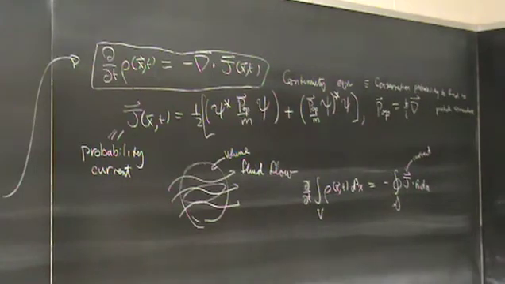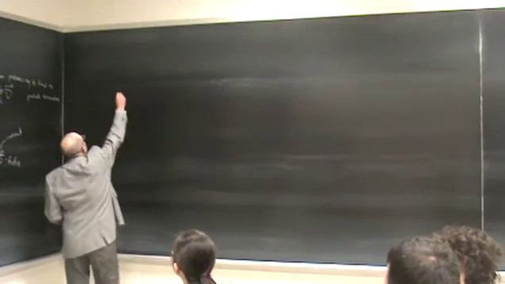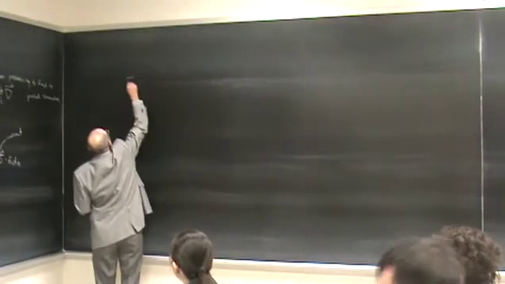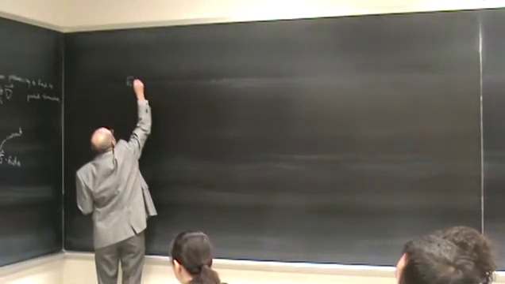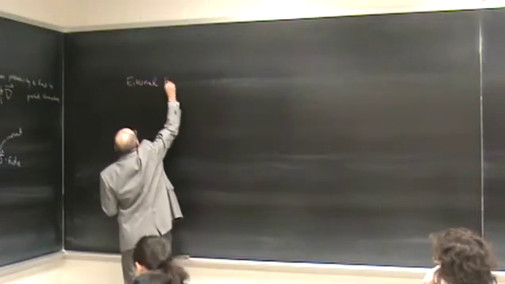All right, so to further get some insight into the nature of wave mechanics, we're going to make a connection to geometric optics through what's known as the eikonal form.